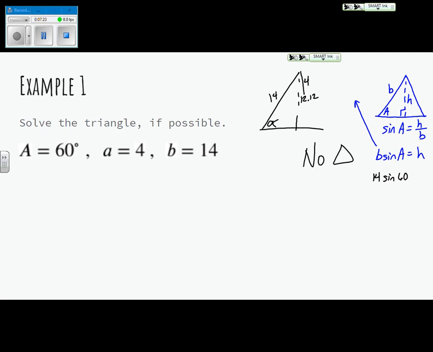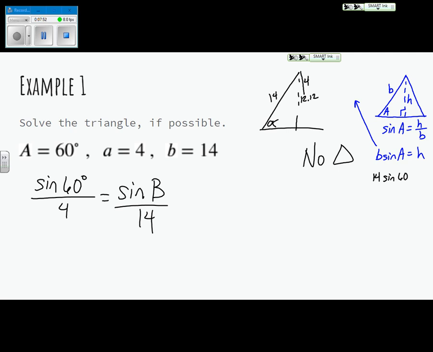Some of you might be thinking, okay, what's this bald guy doing right now? All I know is how to do the law of sines from yesterday, and that's good news, because watch this. If I was to not do any of this work on the right side of the screen, and just jump in, I know sine of 60 degrees, and I know the side across from it. It's a little bit different today. I'm going to find angle B because I know the side across from it is 14.